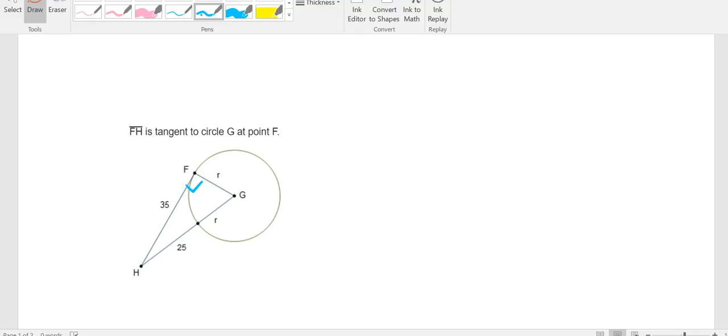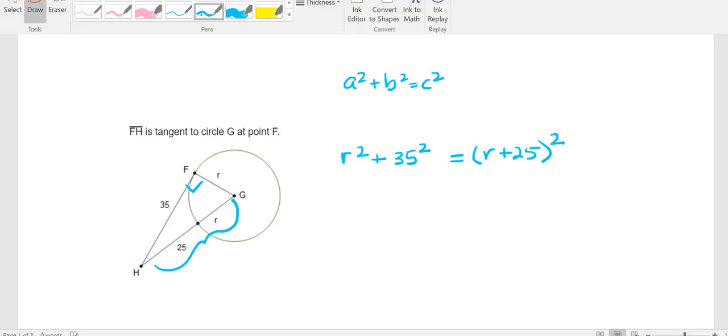So r squared plus 35 squared, because of your right triangle, a squared plus b squared equals c squared, and c in this case is this whole hypotenuse. So that's going to be equal to r plus 25 squared.